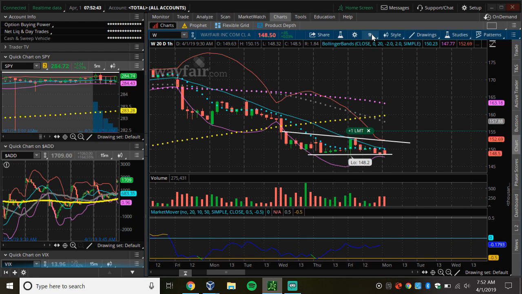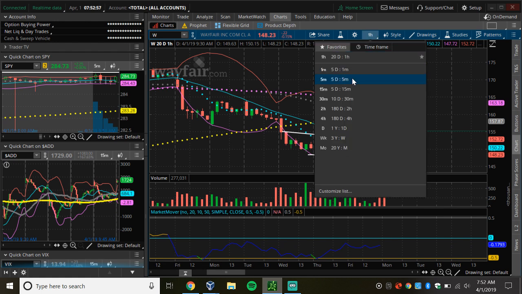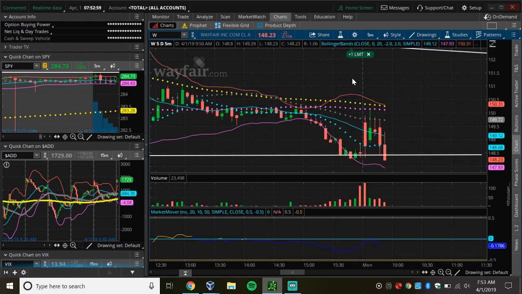Our Greeks for this trade are about 27. So for every dollar it moves, we're going to make 27. Boom! 27 to $40. Beautiful, beautiful. Look at that. I love to see that. That's a clear cut right there.